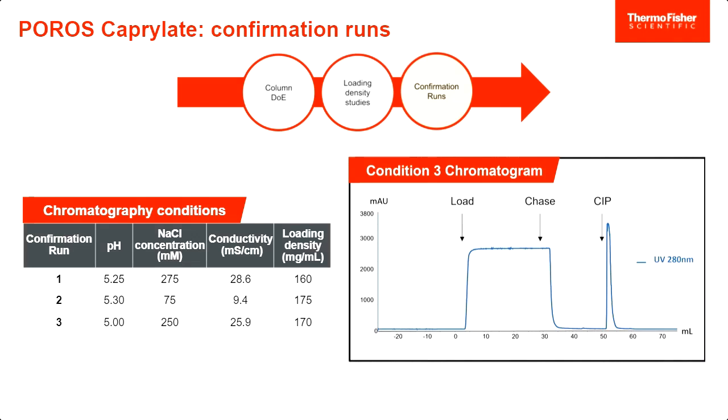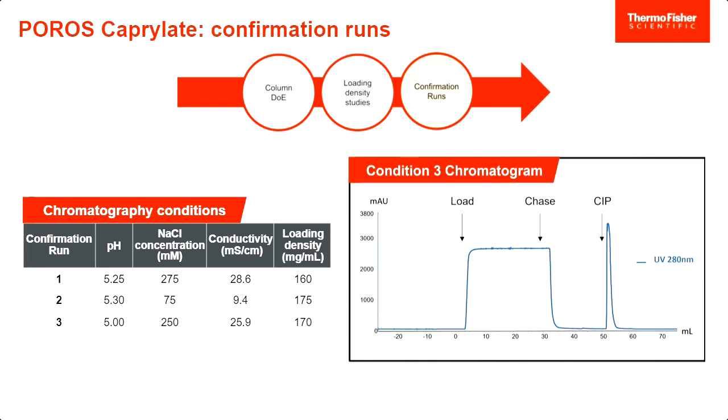We also did confirmation runs at 3 different pH and conductivity conditions at greater than 150 grams per liter loadings. So the representative chromatogram that you see here on the right shows the load and chase steps, followed by a cleaning step with 0.5 molar sodium hydroxide.